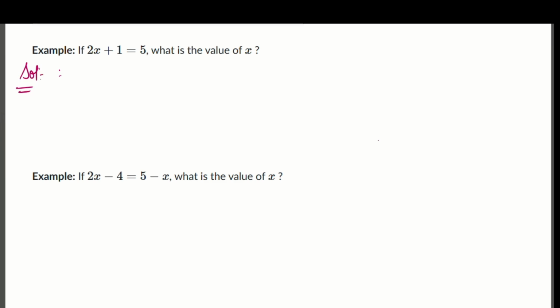What we are going to do is separate our variables on the left hand side and our constants on the right hand side. The question is 2x plus 1 is equal to 5. 2x we keep on the left hand side, and we shift plus 1 to the right hand side.